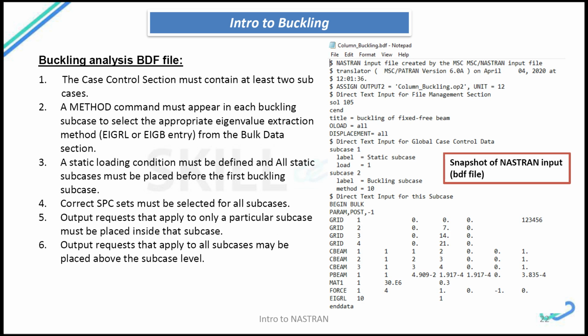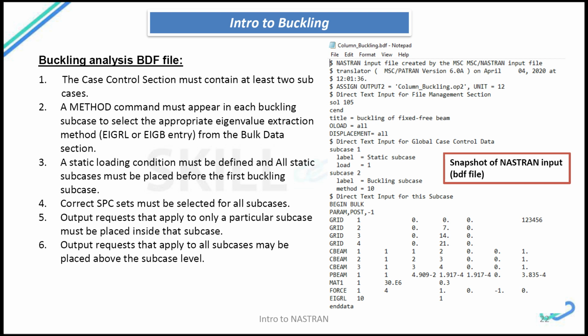So now we'll see the buckling analysis PDF file. It's exactly the same problem we saw before, which is the column buckling problem. As I mentioned earlier, Patran generates two subcases for Nastran. One is the static subcase and another one is the buckling subcase.